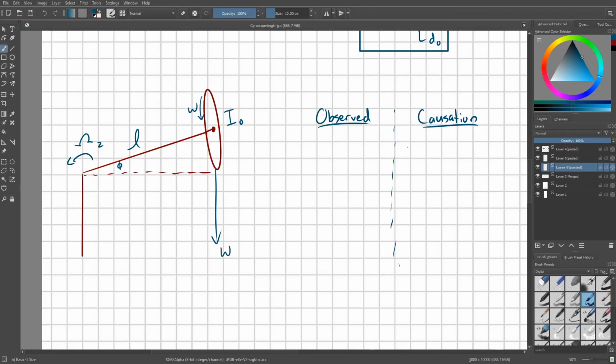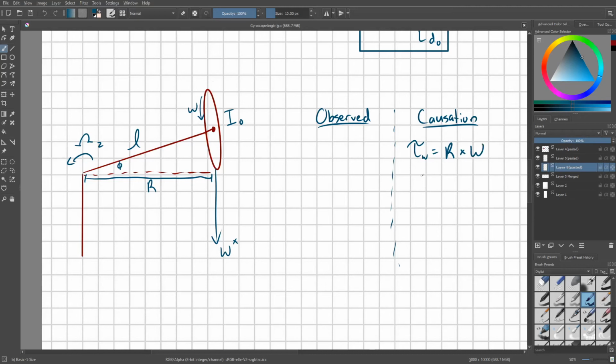This torque from the weight is equal to R cross F. So we want the perpendicular distance to our weight, which I'll label R, so we want R cross our weight.